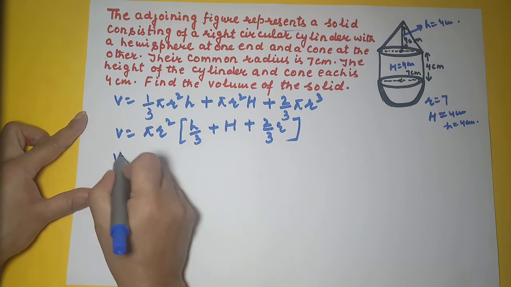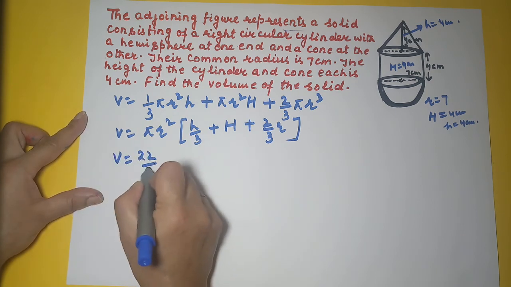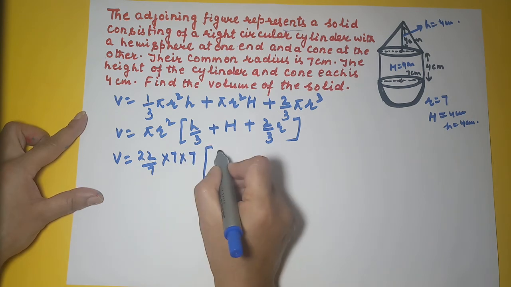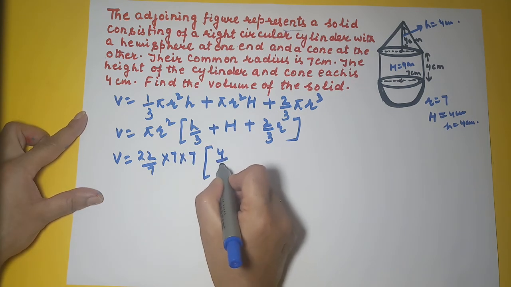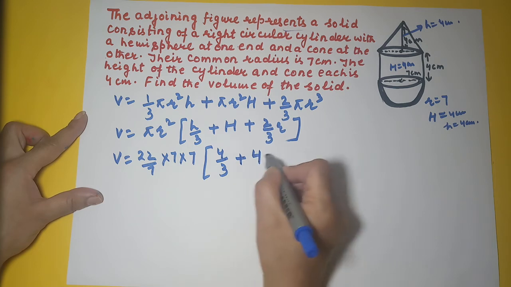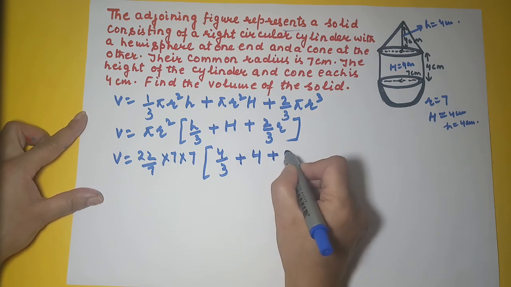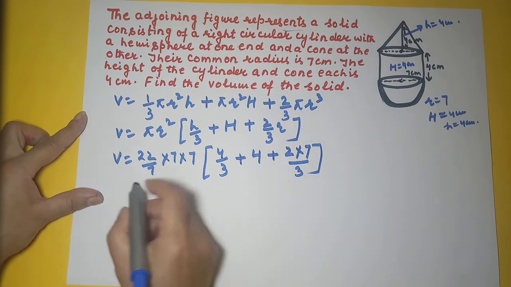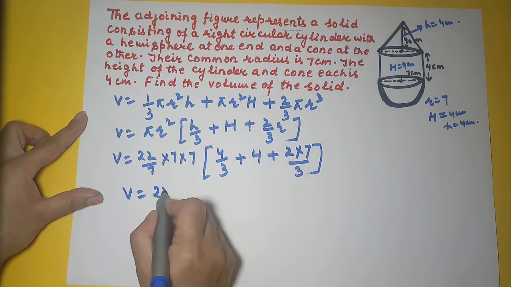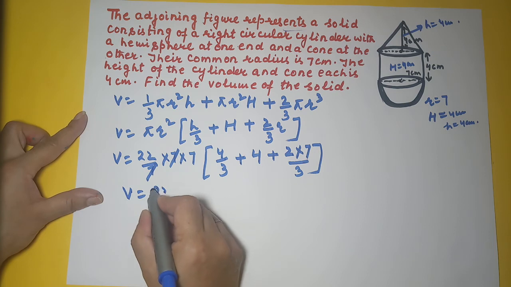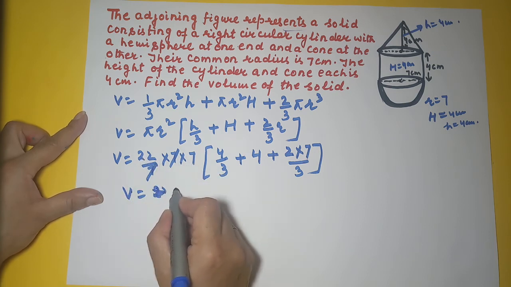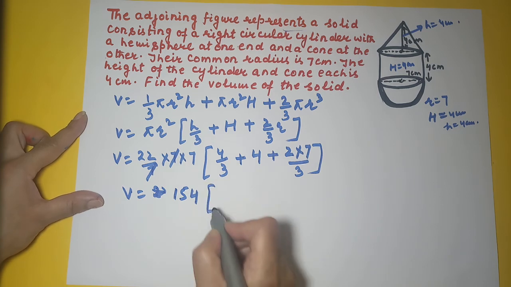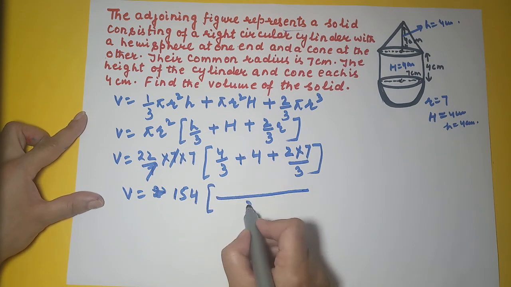So let's substitute the values. 22 by 7 into 7 into 7. h is 4 by 3, and this is also 4, plus this becomes 2 into 7 upon 3, right? So volume is equal to 7 and 7 will go. So 22 into 7 is 154 into, you can take 3 as LCM here.